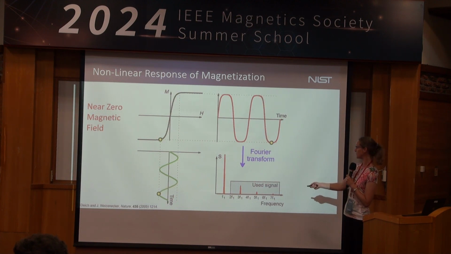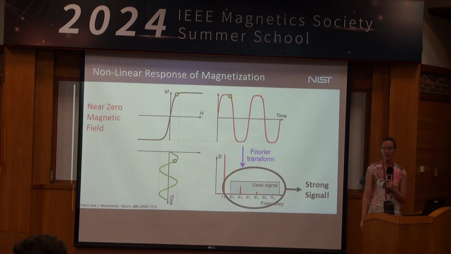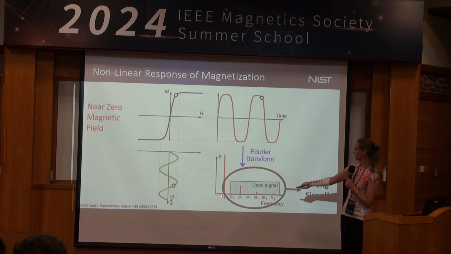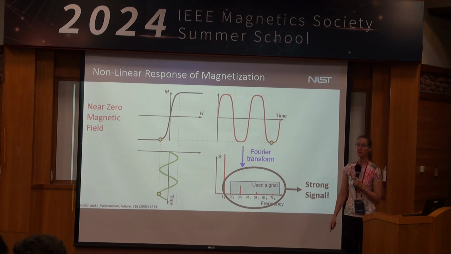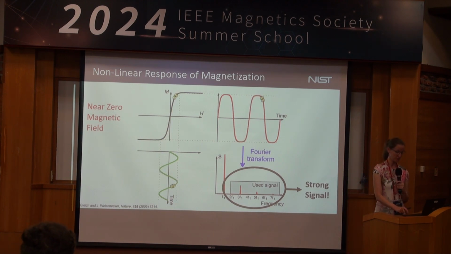We can take a Fourier transform, and we're going to end up with a signal. This is considered a strong signal because we have a lot of amplitude in these higher order harmonics. We have more amplitude in the 1F, your drive frequency, but it contains your drive field. And so nobody ever uses this one in actual MPI simply because it's impossible to remove that drive field.